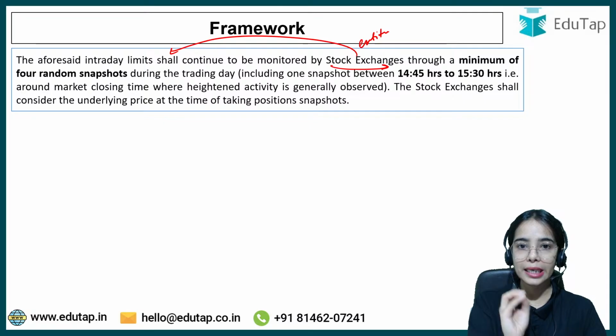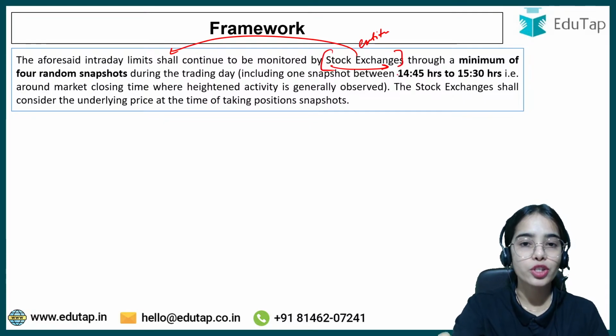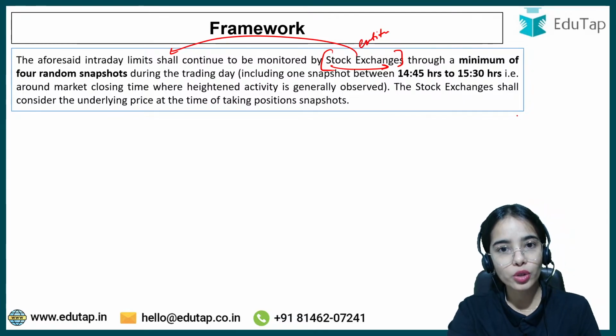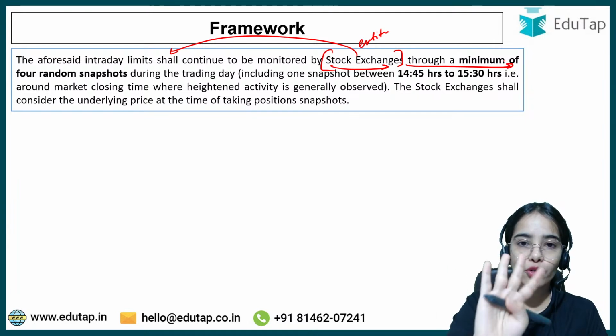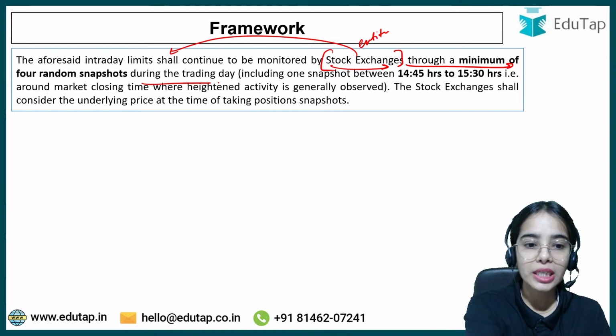Now, the aforesaid intraday limits shall continue to be monitored by stock exchanges. Who has to monitor whether the limits are being followed? Stock exchanges have the responsibility, through a minimum of 4 random snapshots during the trading day.